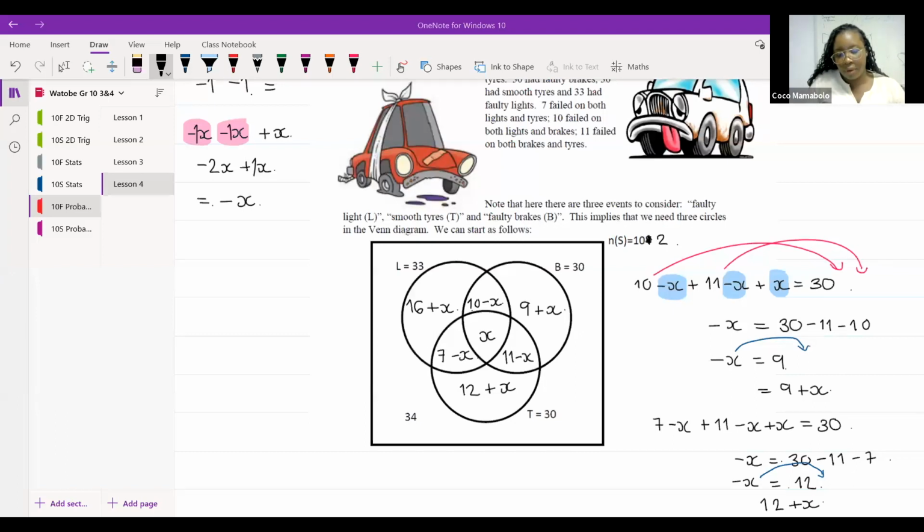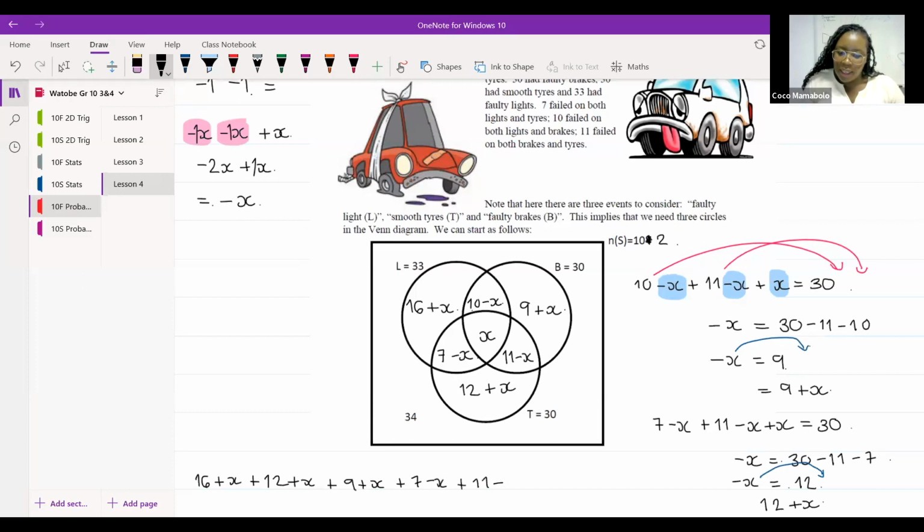16 plus x. Good. Plus 12 plus x. Good. Plus 9 plus x. Good. Plus 7 minus x. Good. Plus 11 minus x.